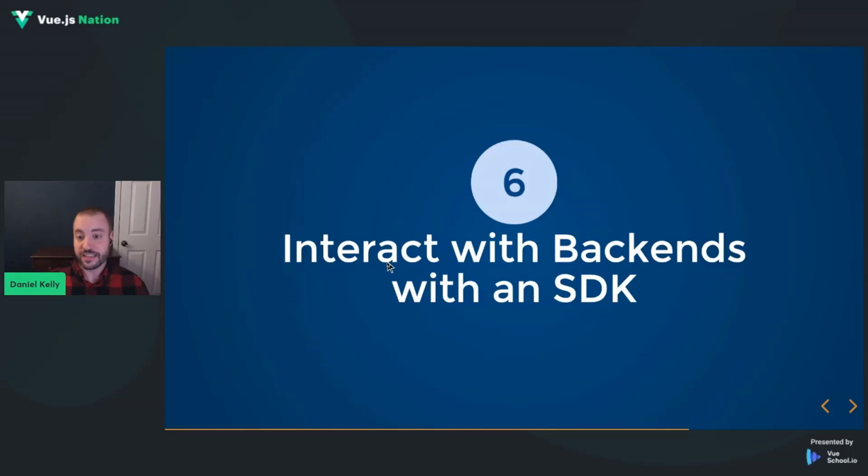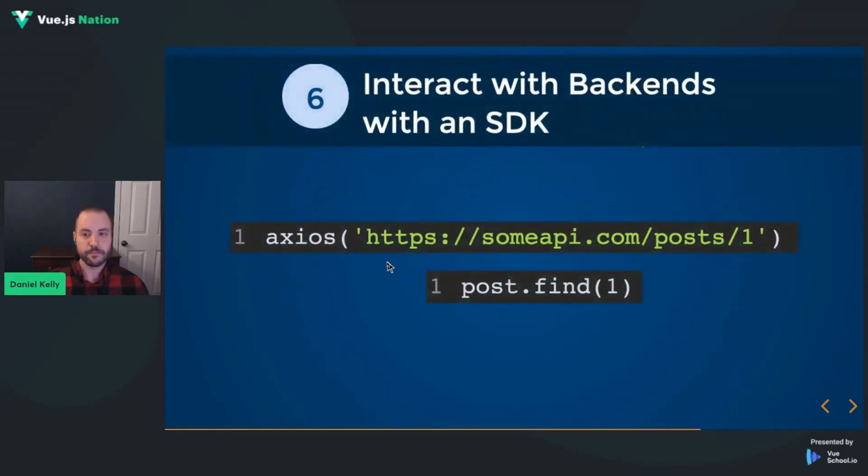Tip 6 here is interact with backends via an SDK. All right, so we've all done number 1 here, I think. And the problem is this is ripe for typos. If your backend API changes, you have to go throughout your whole code base and change these things. But when you're using an SDK, you only have to make the updates inside of the SDK.